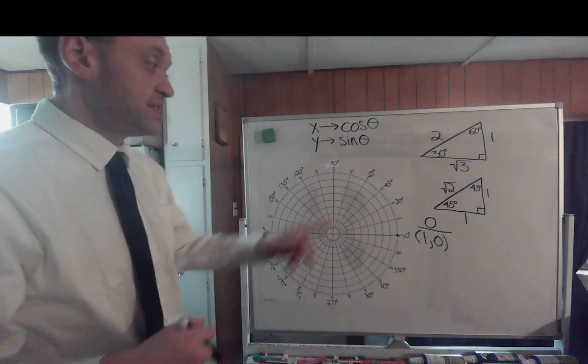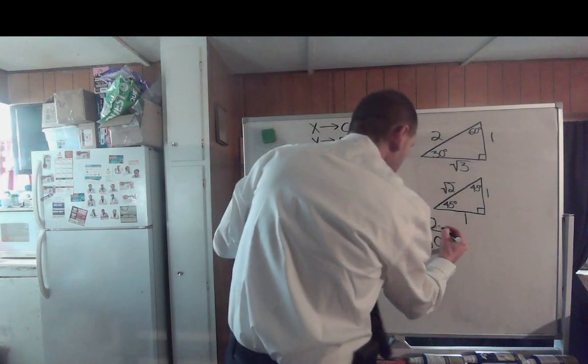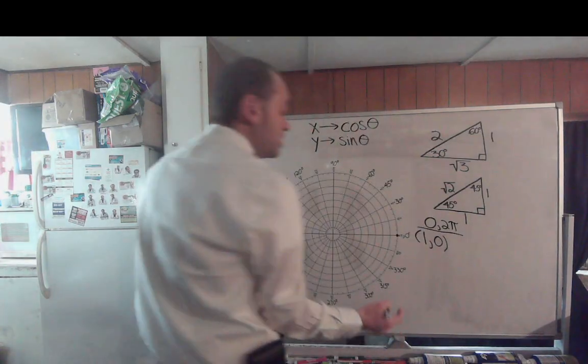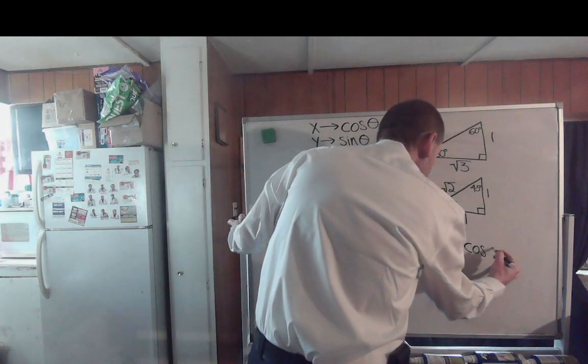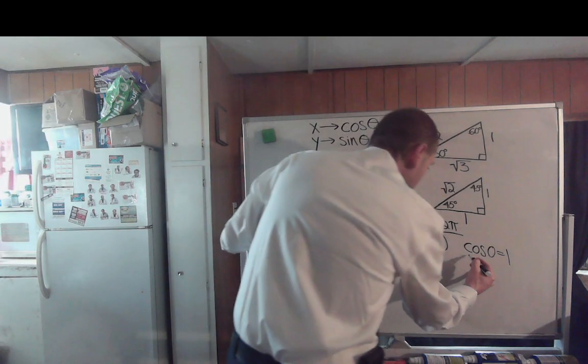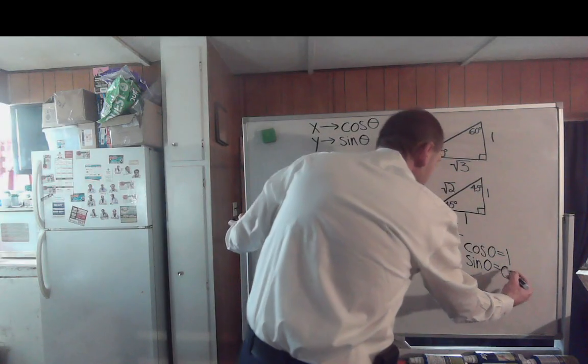So at 0 degrees or 0 radians, or you could even say 2 pi, which is 360 degrees, you end up with a cosine of 0 equal to 1 and a sine of 0 that equals 0.